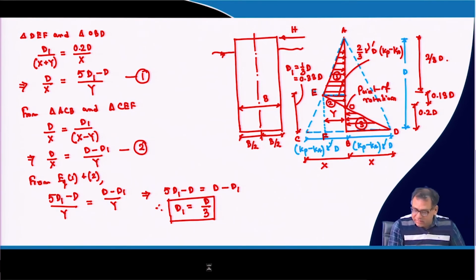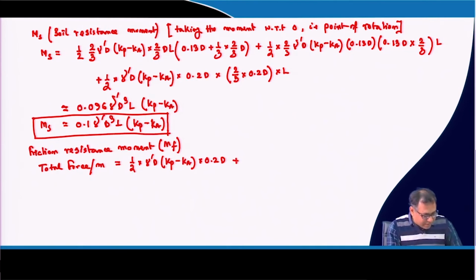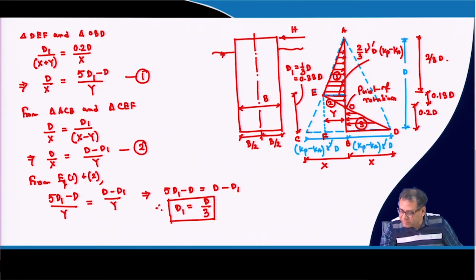So, the base for the upper triangle is half into 0.8 d. Why 0.8 d? Because from base B to point O is 0.2 d.